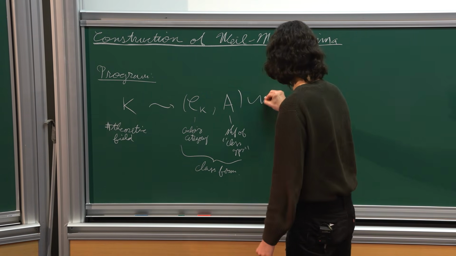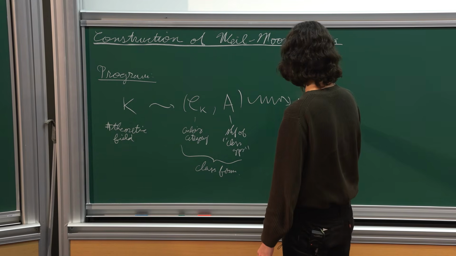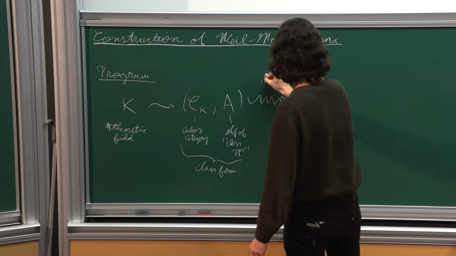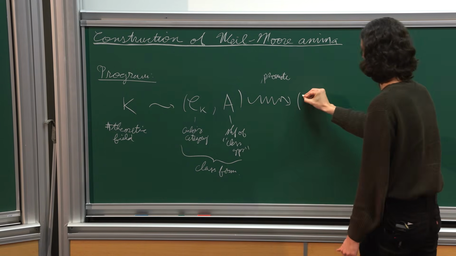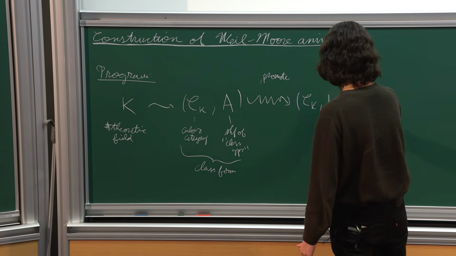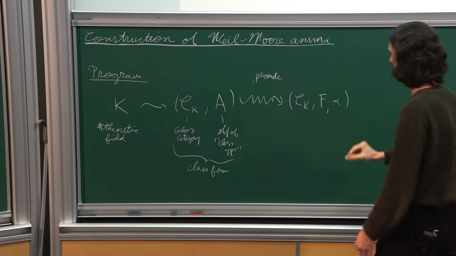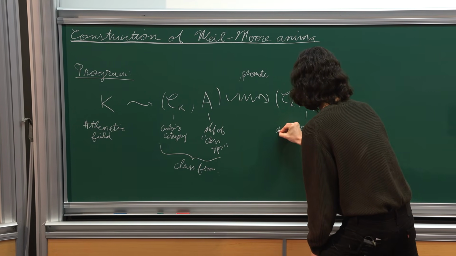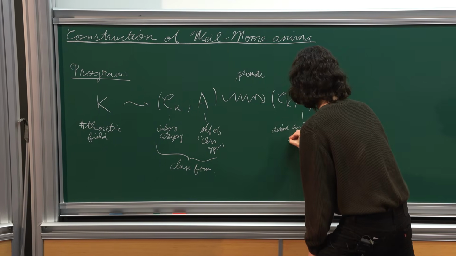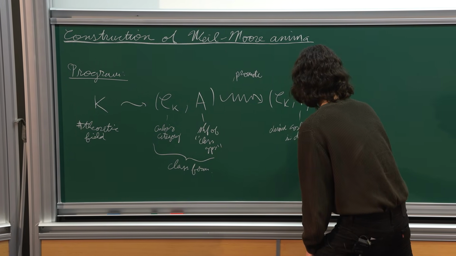And then there was a slightly non-canonical way to promote this. It's slightly non-canonical, but it's the same Galois category. But now you have a co-sheaf, a derived co-sheaf in degrees 0 and 1.